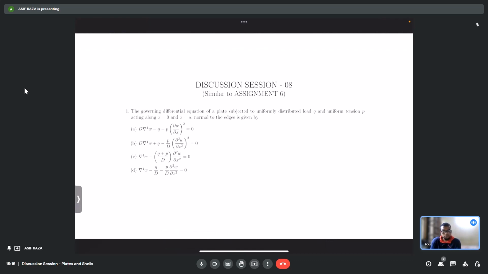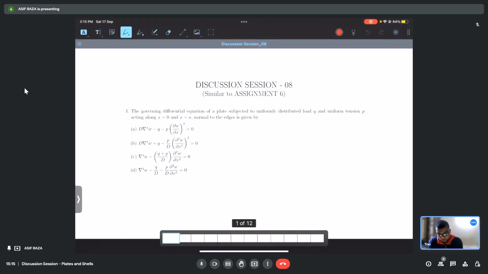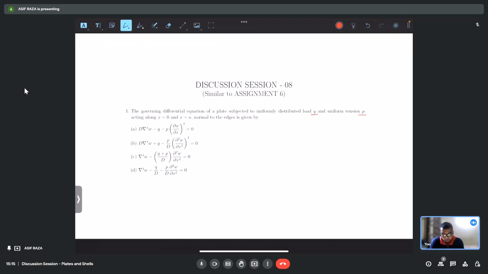Yeah. So the first question is: the governing differential equation of a plate subjected to uniformly distributed load Q and uniform tension P acting along x equal to 0 and x equal to a, normal to the edges, is given by.